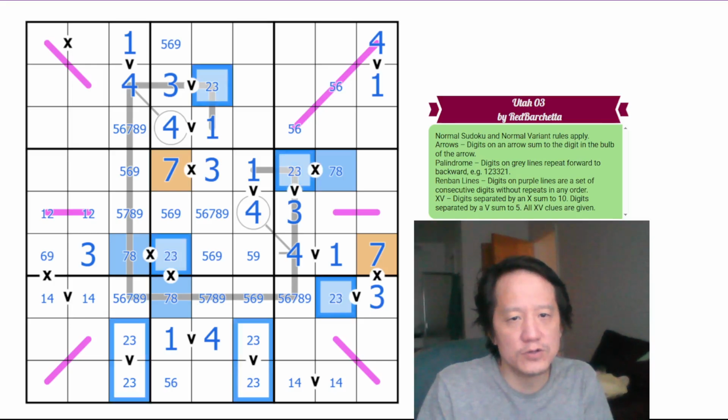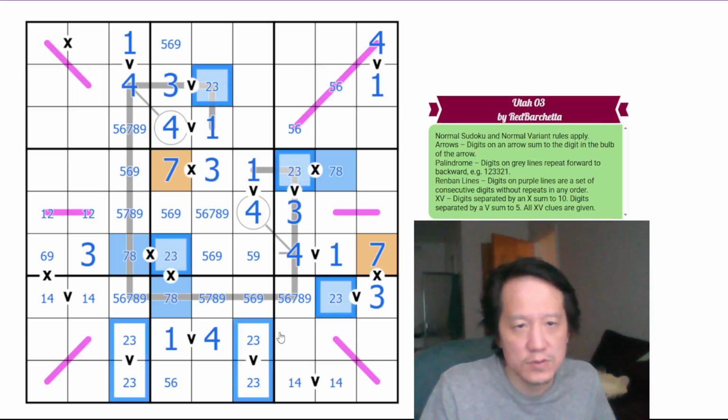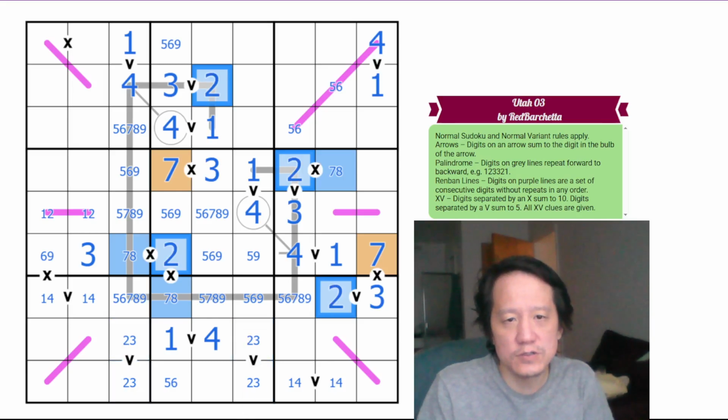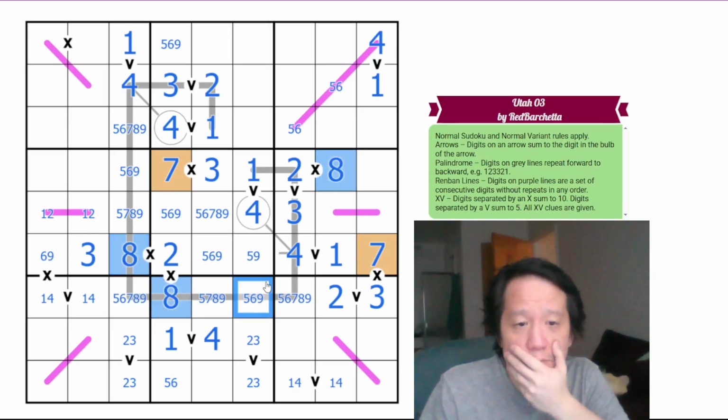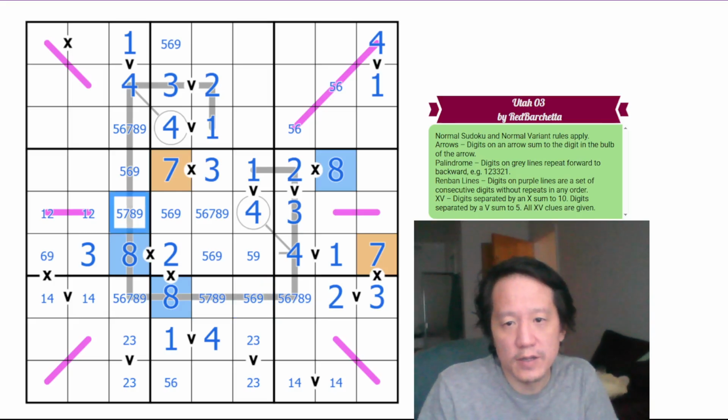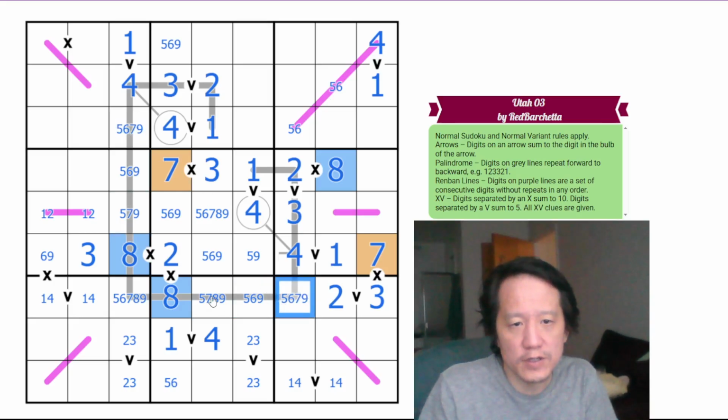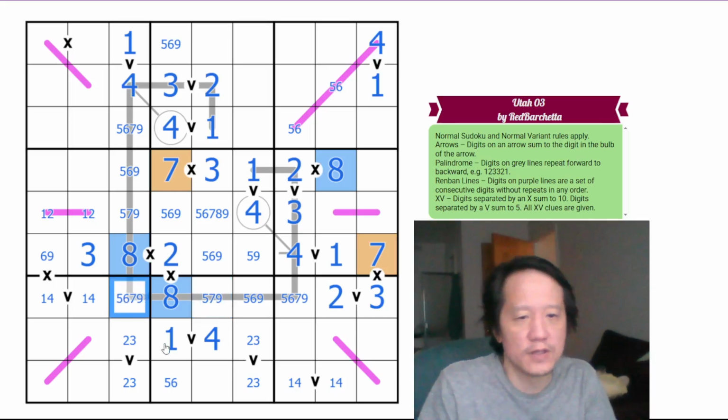The blue lows must be 2, but we don't know about these. So these are 2, and the high blues must be 8. Okay. This can't be 8 anymore. This can't be 8 anymore, and neither can these two. Neither can that.